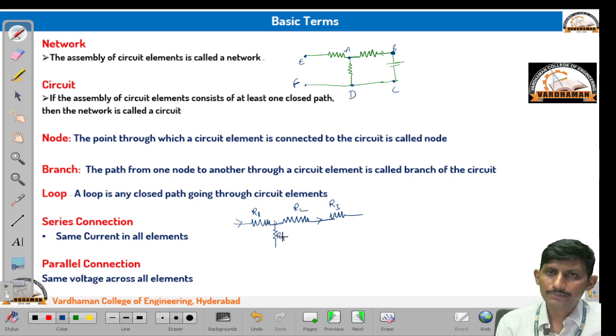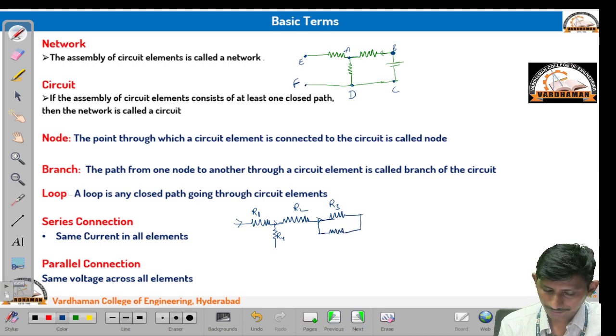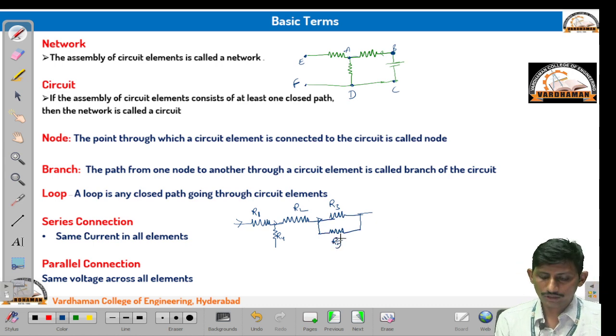The next one is parallel connection. Say for example, if I am connecting one more resistor here across R3, let us say that is R5. That means I am connecting these two elements R3 and R5 on either side of the element. That means both terminals of both elements are connected together.